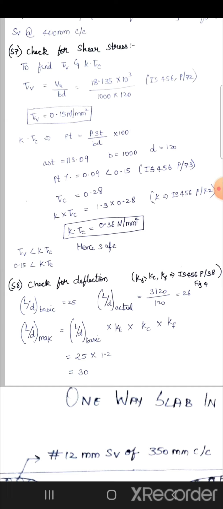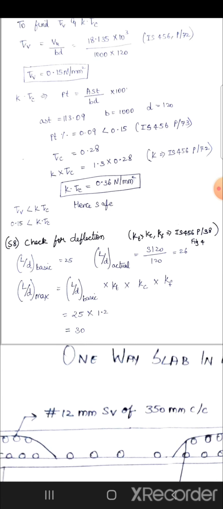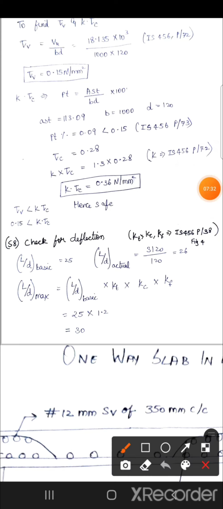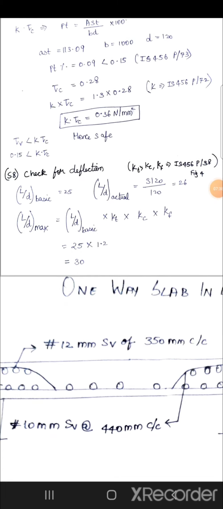Referring to the table in IS456 2000 page number 73, we get tau c value as 0.28. So K tau c value is 0.36 Newton per mm square. So tau v is less than K tau c, hence safe.